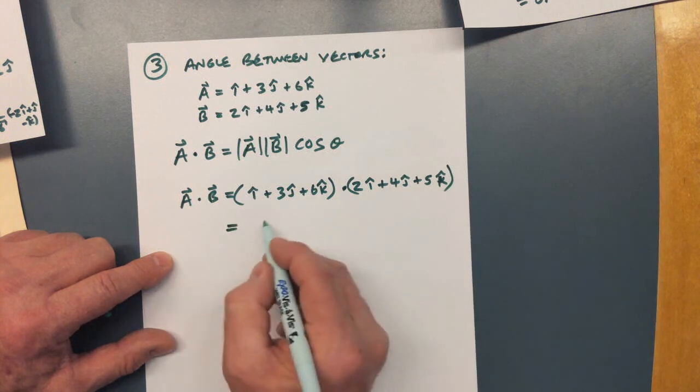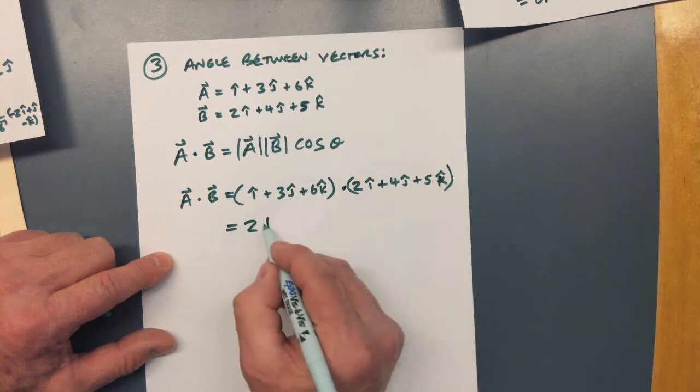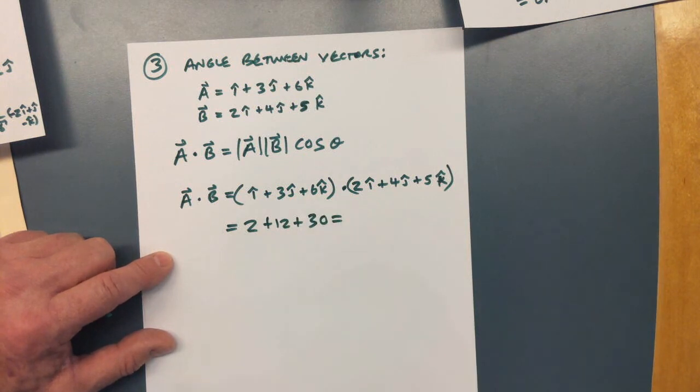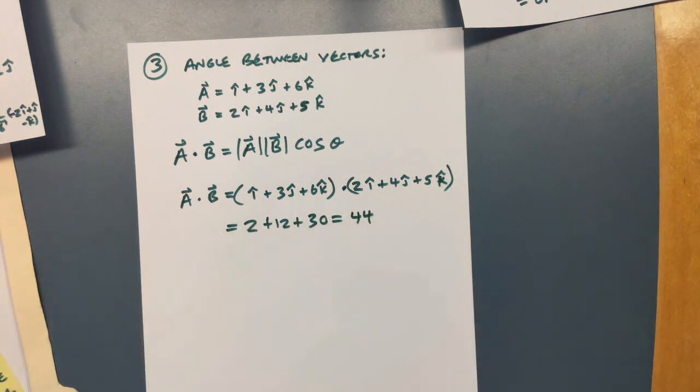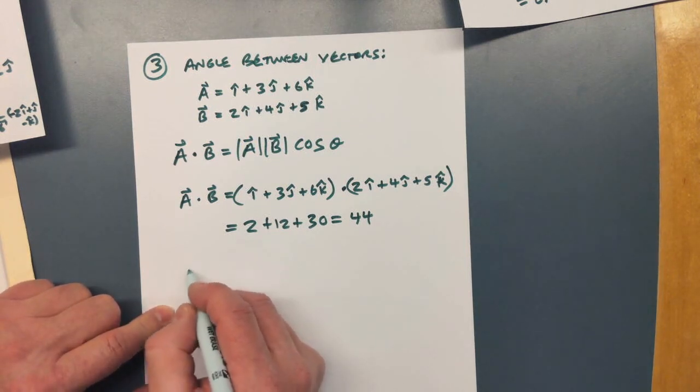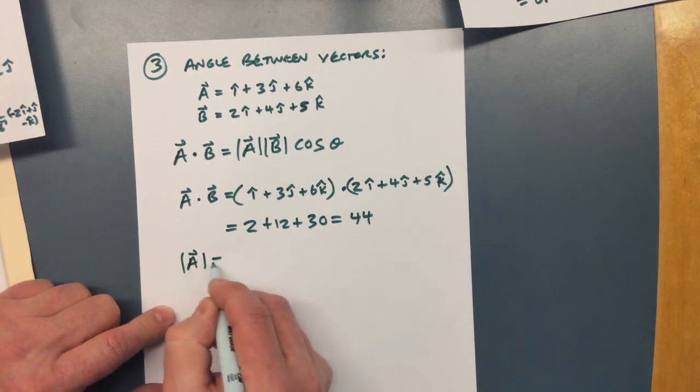So this will be 2 plus 12 plus 30, 44. All right, so the dot product between two vectors, you multiply the corresponding components, and that's a scalar. And we also need the magnitude of A and the magnitude of B.